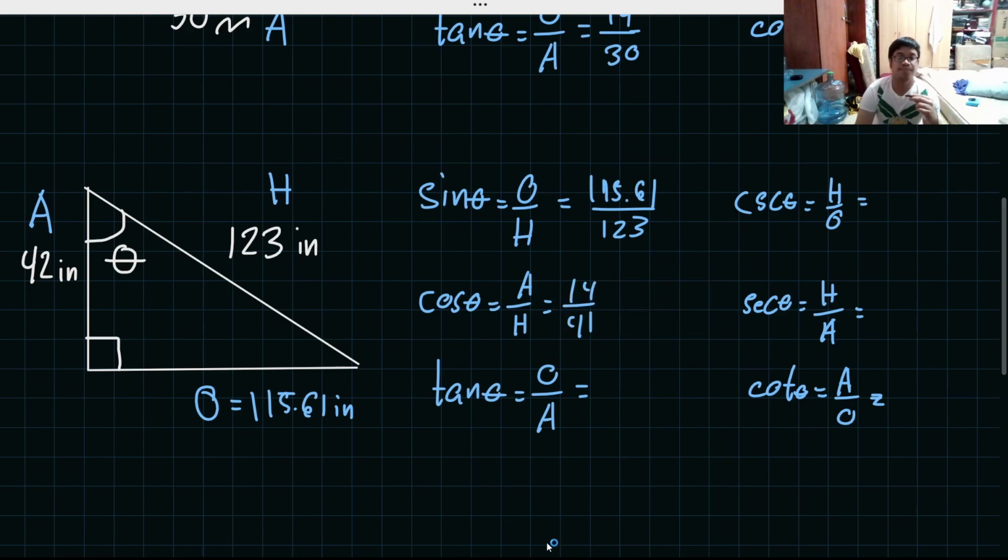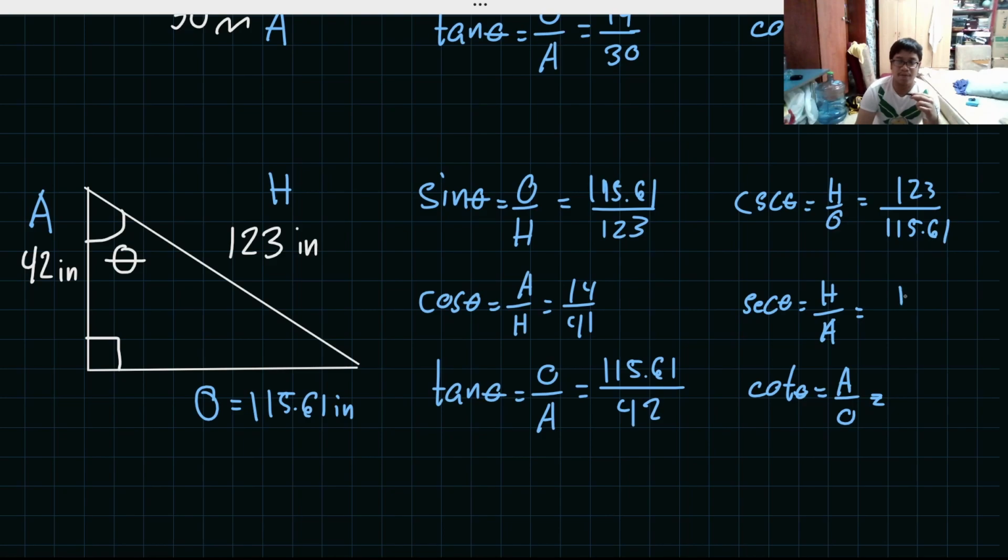Next for tangent, opposite, we will have 115.61 all over the adjacent 42. There we go. Now we will find the cosecant theta. So we will have 123 all over 115.61.